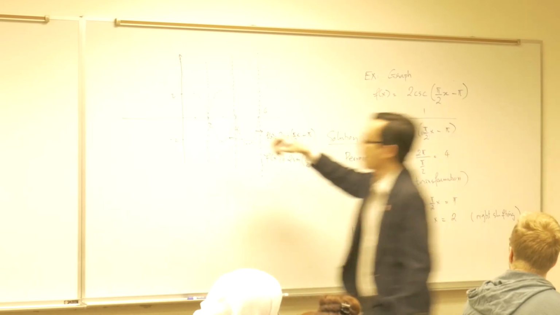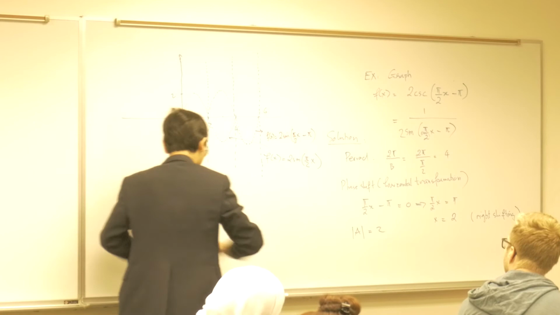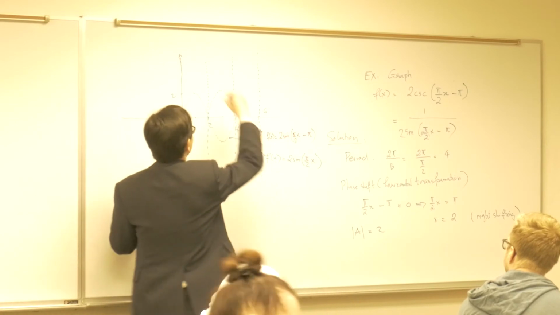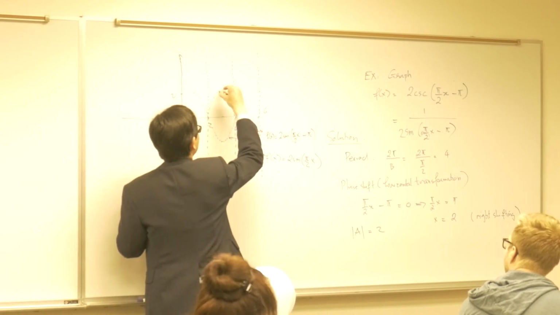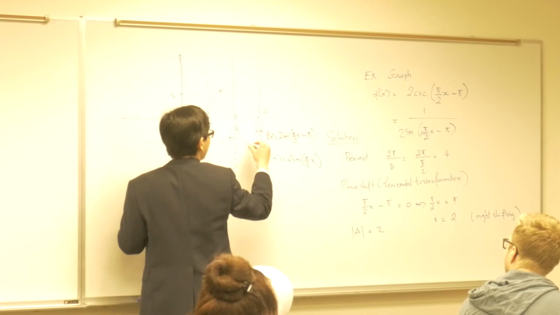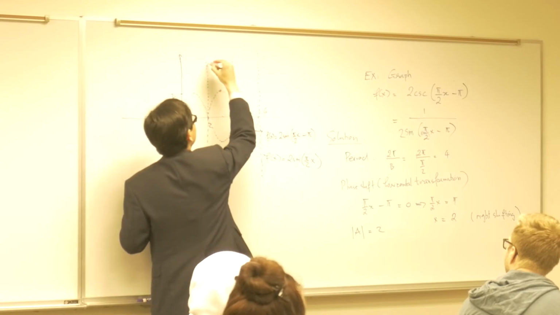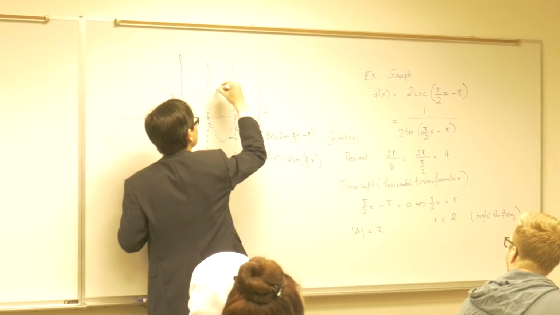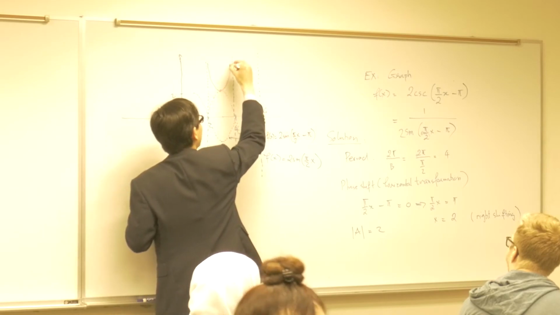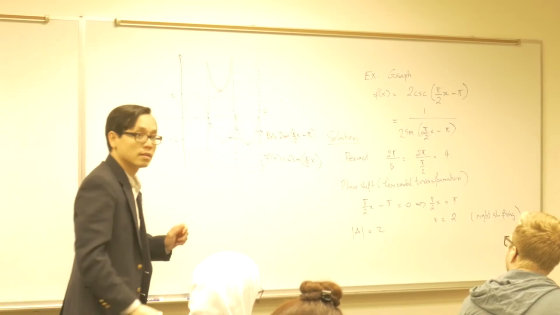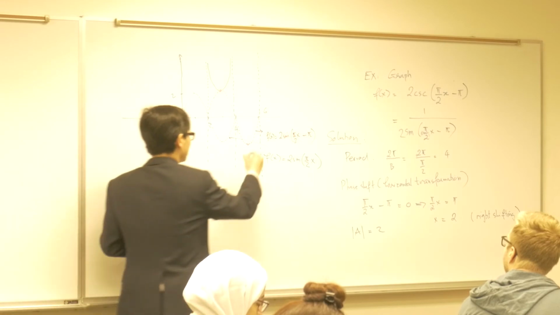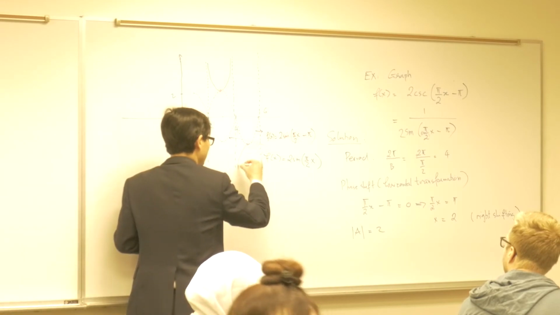So from here, you're going to make a curve because of the reciprocal. From the top point right here and the lowest point here, you're going to make a curve that looks like this. And it never cuts the vertical asymptote. So you have another one that looks like this.